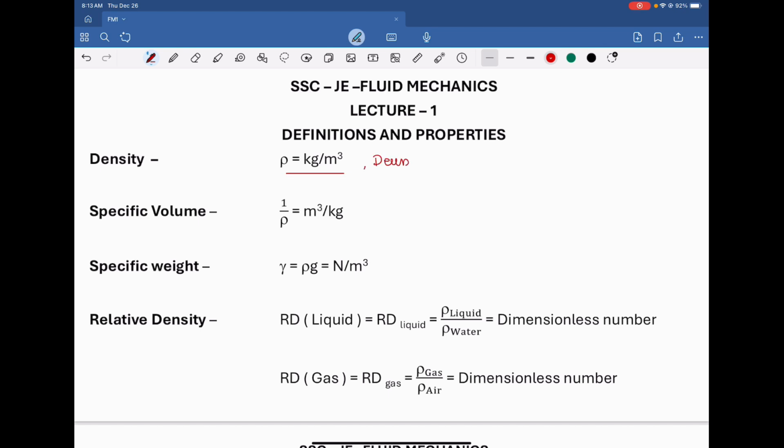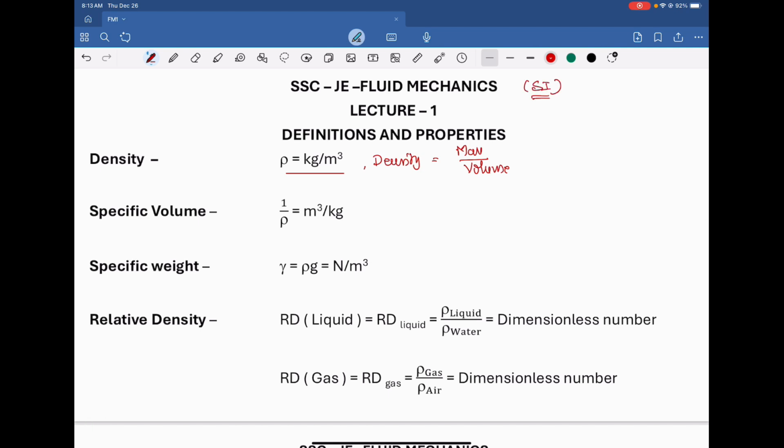Density is equal to mass by volume, the mass of the fluid per unit volume. The mass is in kg. We will be dealing with SI units only because it is given in our syllabus.